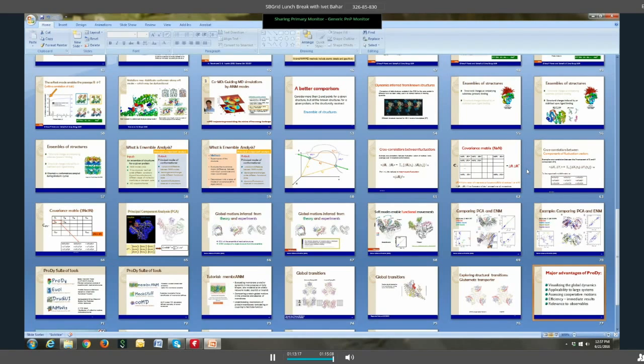We're stitching them together to obtain even bigger systems, mimicking as much as possible the complexes that are formed in the cellular environment. Now we have this unique opportunity to stitch together multiple structures and then analyze their collective dynamics. So that is one direction, going to bigger and bigger systems.